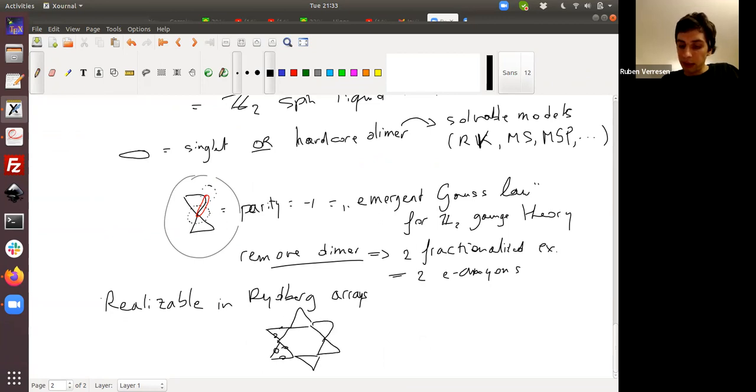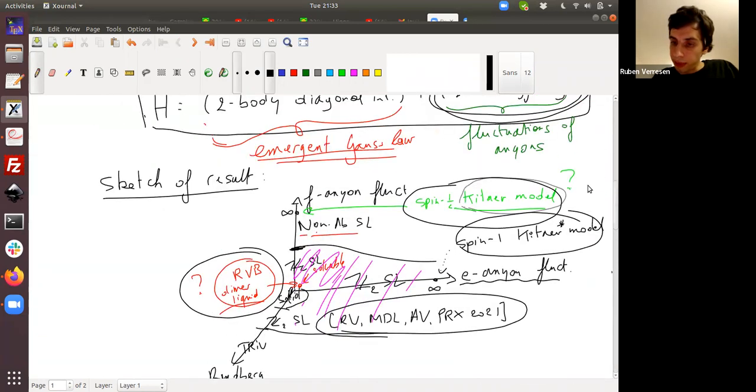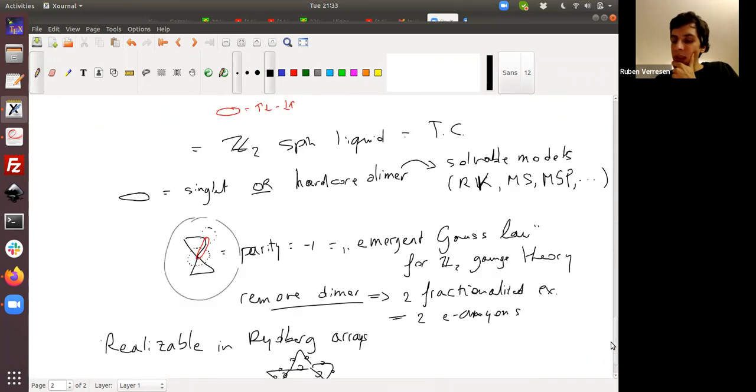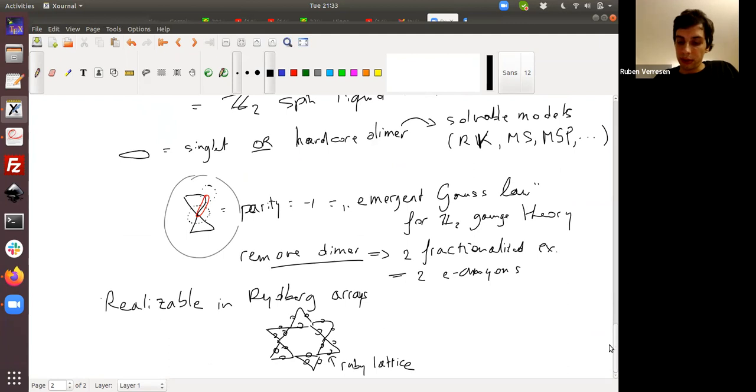So these black dots are Rydberg atoms, say. Sorry, these are the atoms, like rubidium atoms. By the way, this lattice is called the Ruby lattice, this medial lattice of the kagome. And by using the Hamiltonian I mentioned up here, by using this diagonal interaction of this Rydberg atom tweezer array, you can encode a repulsive interaction that encodes this dimer interaction.